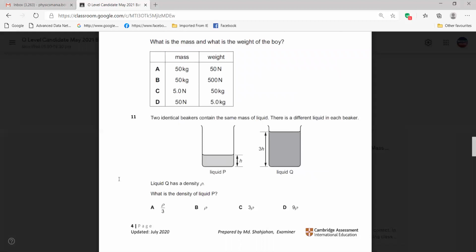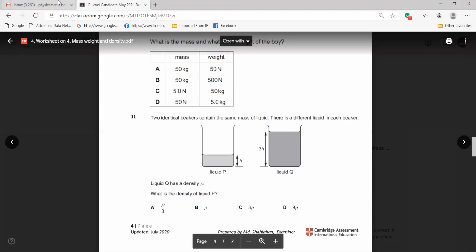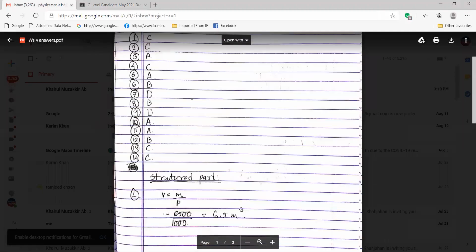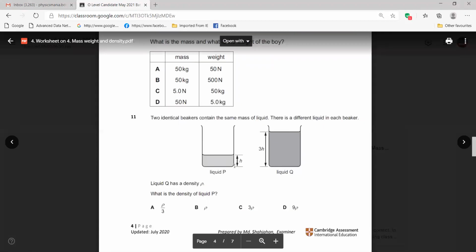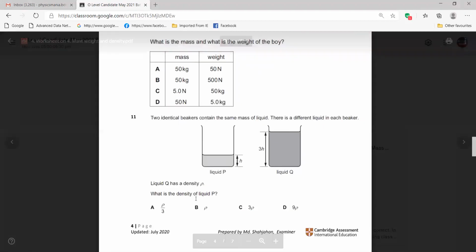Abir, which one did you give for 11? For 11 you gave A. So, density of P, right?